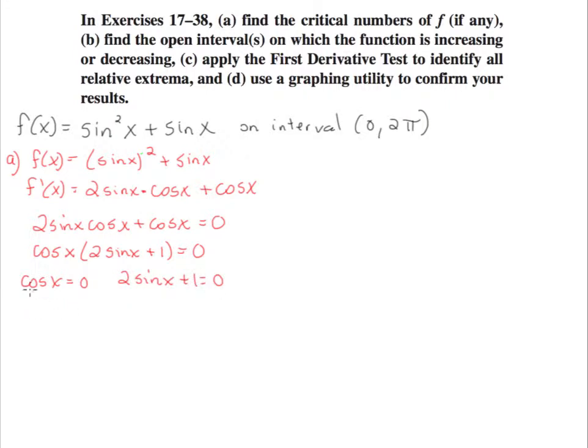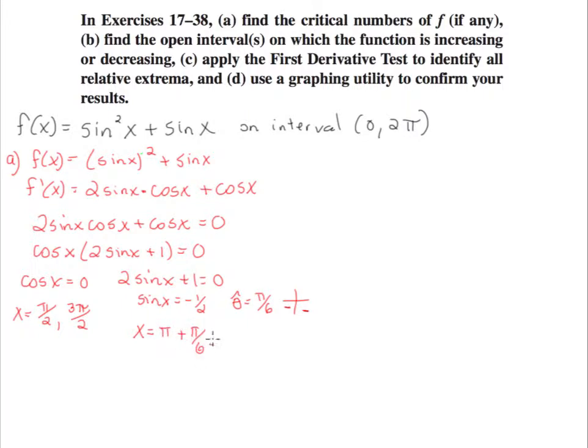Use our knowledge of the unit circle to figure out when cosine of x is equal to 0. So that'd be at pi over 2 and 3 pi over 2. Likewise, use our knowledge of the unit circle. And so we know this has a reference angle of pi over 6. And I know that sine is only negative in quadrants 3 and 4.